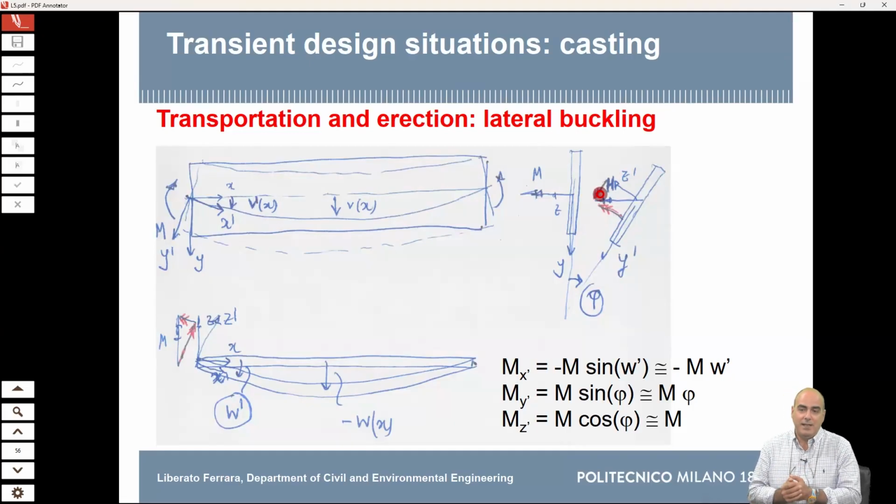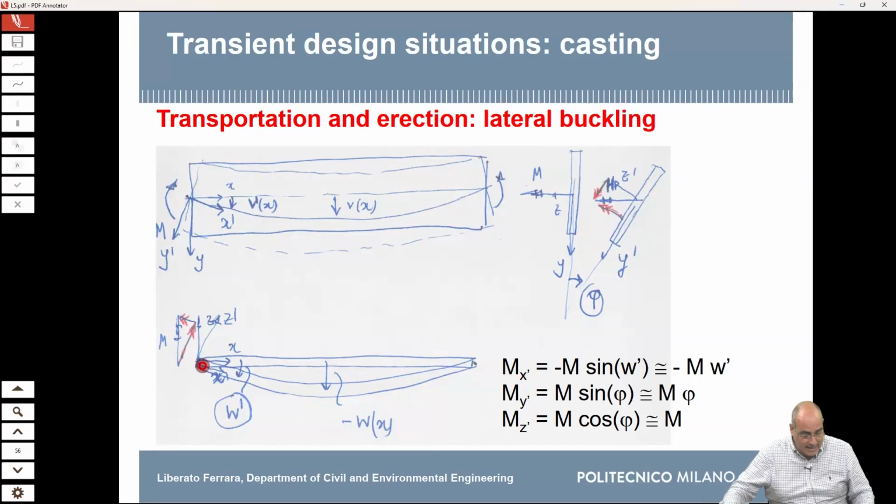Because we like trigonometry, but as civil engineers, if we can get rid of sine and cosine, it is better. So we use quite a lot of asymptotic formulation. The cosine is 1 and the sine is the angle, in radians. And then we have the torsional moment, Mx prime.